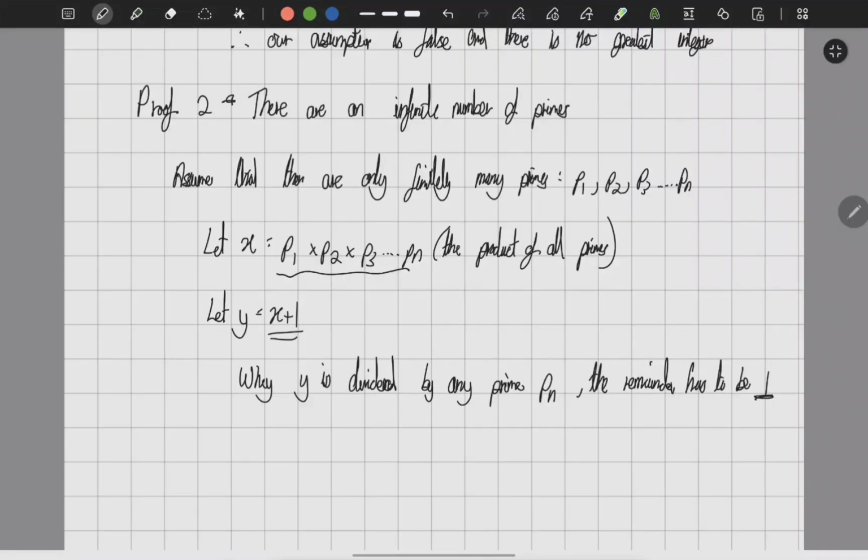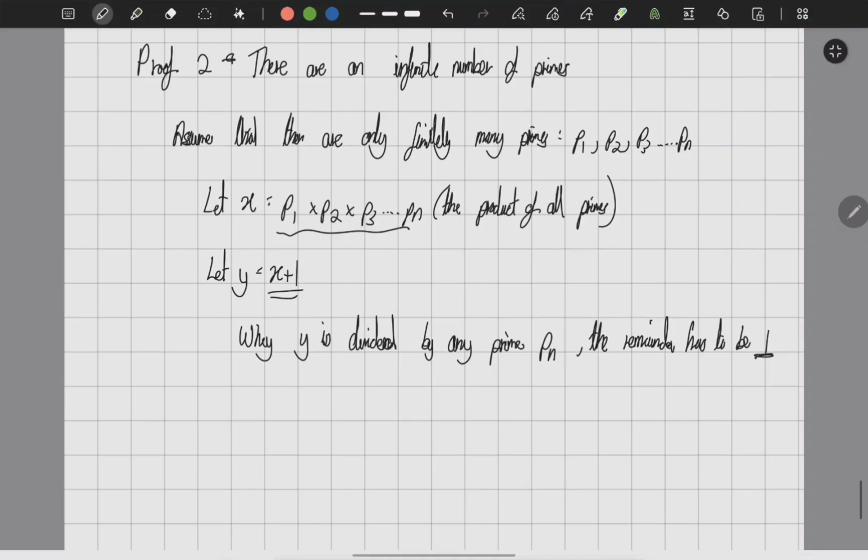But that means that if y is 1 more than x and it has a remainder of 1, then y doesn't have any prime factors from our list because it's not divisible. Therefore, y has no prime factors from our list, because they don't divide fully, they leave a remainder of 1.